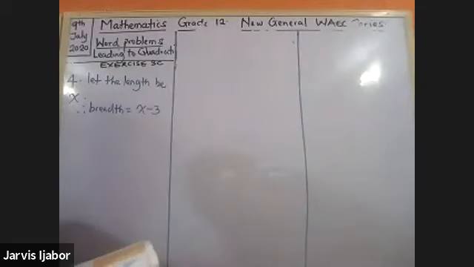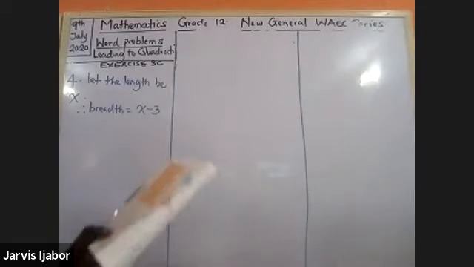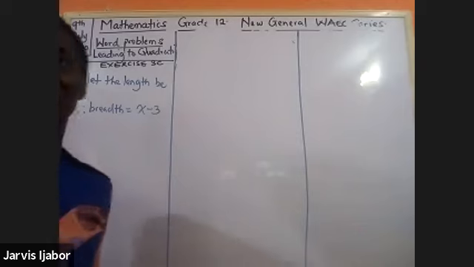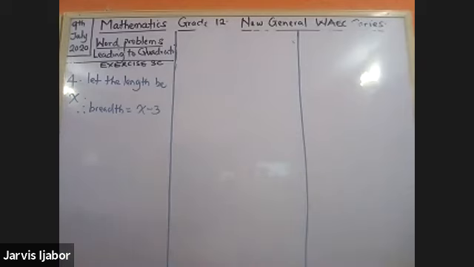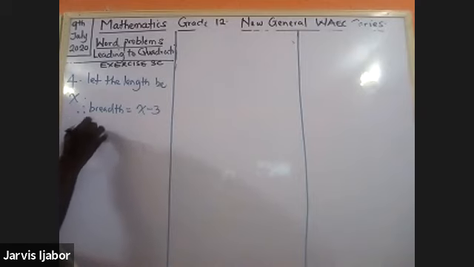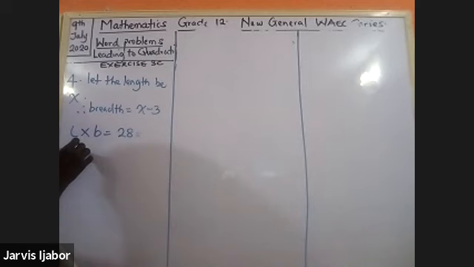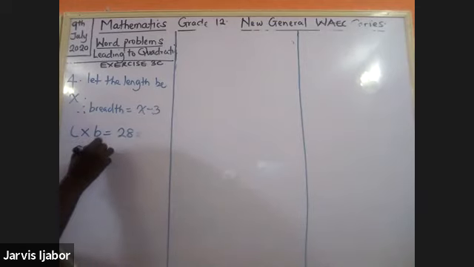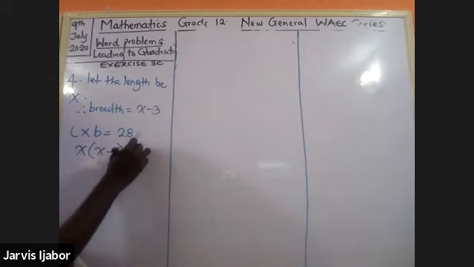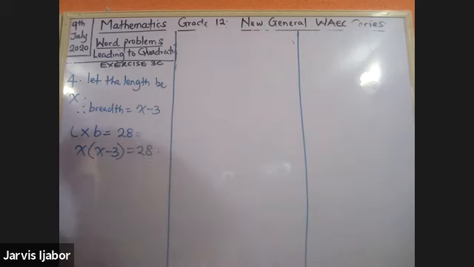That's it. It says 3 meters longer than the breadth. It said the area of the room is 28 meters squared. It means that what? Length times breadth will be equal to 28 meters squared, which means that x into x minus 3 will be equal to what? 28. So please solve and get me the value of x.